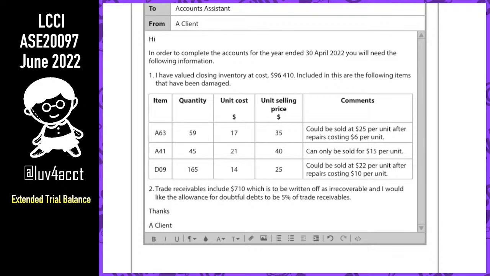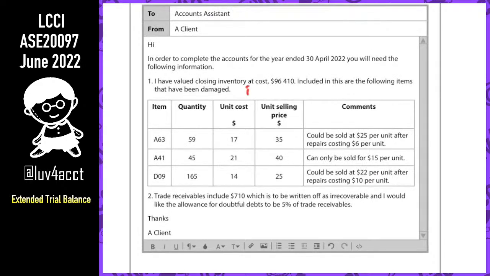Number one, I have valued closing inventory at cost $96410. Included in these are the following items that have been damaged. 3 items that are damaged, so we have to test for impairment. Before we go on to the actual calculation, we have some questions to answer, and after we have answered these, it will be quite easy for us to deal with these items.